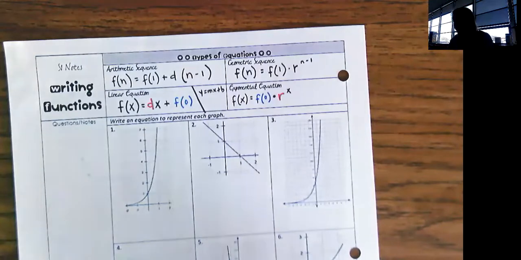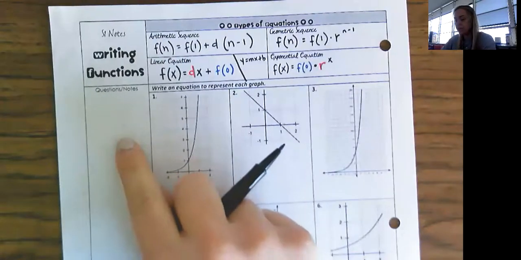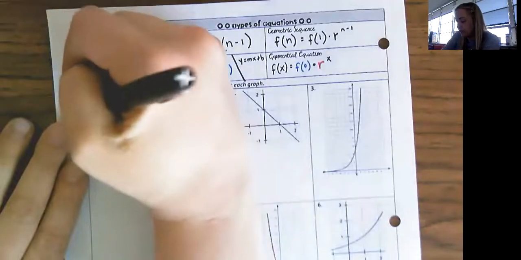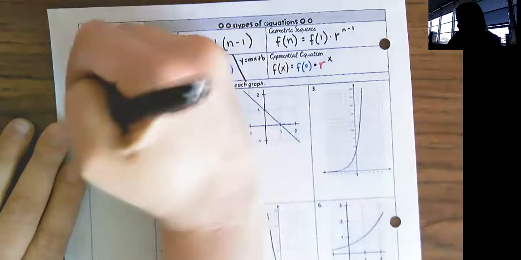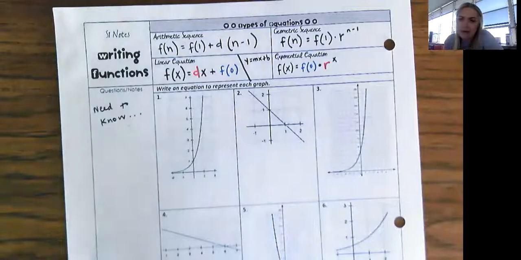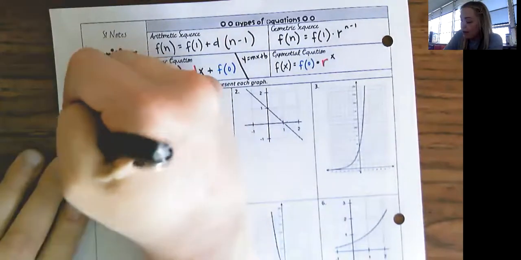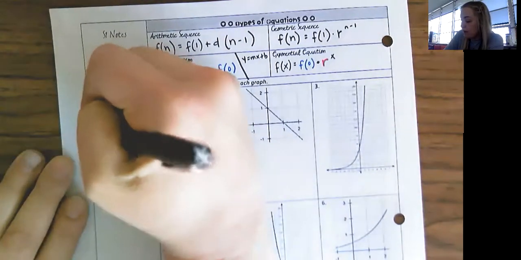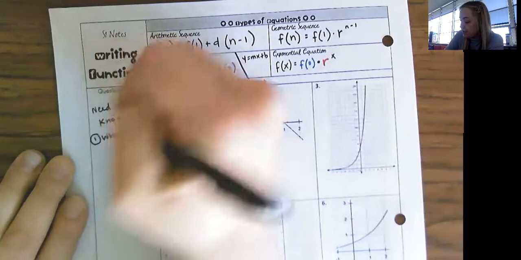So for both of these things, over here on the side, I'm going to even put this in simpler terms. You need to know, and this is the same stuff that I have on the board in class right now. 1, you need to know where it starts.